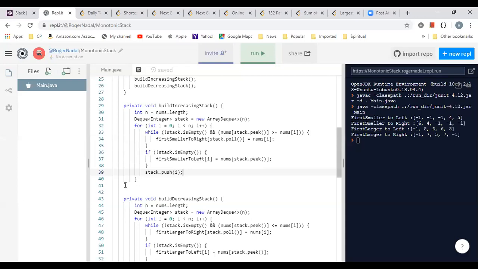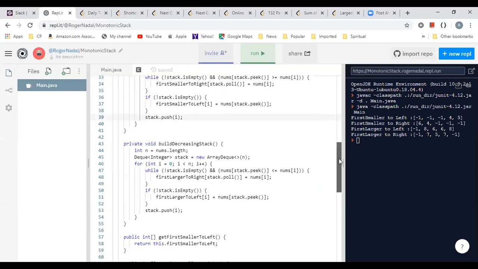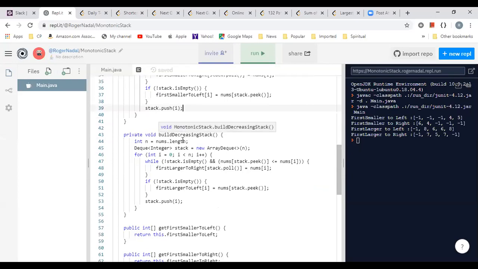So this was the increasing stack. Similarly, the same logic we talked about applies for the decreasing stack. We go with a number, we create a stack, we go through this loop, and when we are maintaining the decreasing stack, the guy who got kicked out will note who is the first guy towards my right who is larger.